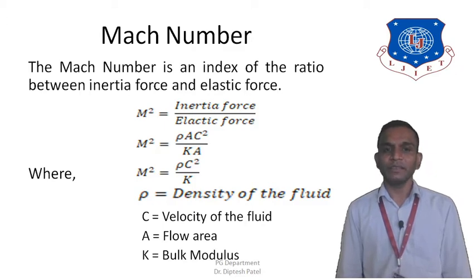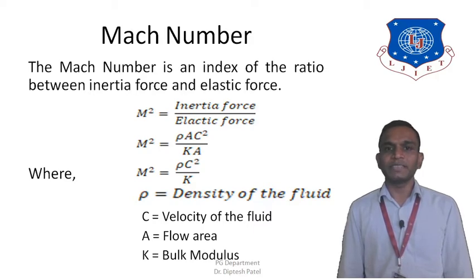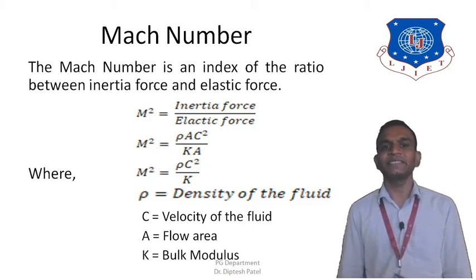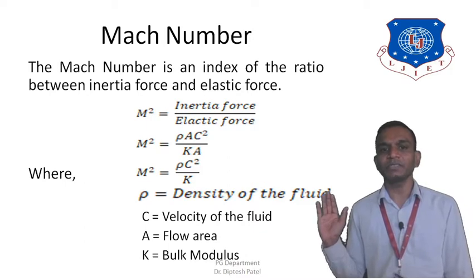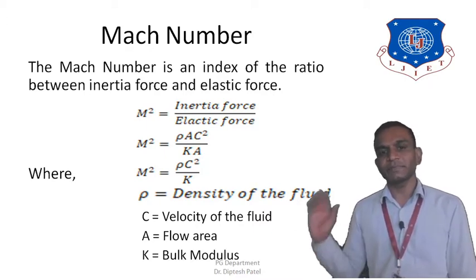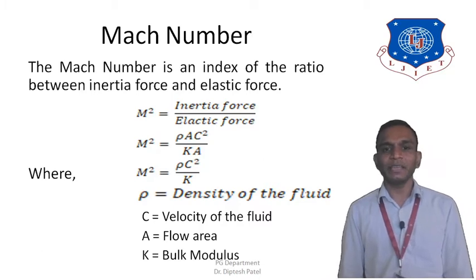Now M squared can also be written as rho A C squared divided by K into A. Here the inertia force is defined as rho A C squared, where rho is the density of fluid, A is the flow area, and C is the velocity of fluid, as well as the elastic force that has been defined as capital K into capital A, where K is the bulk modulus and A is the flow area.